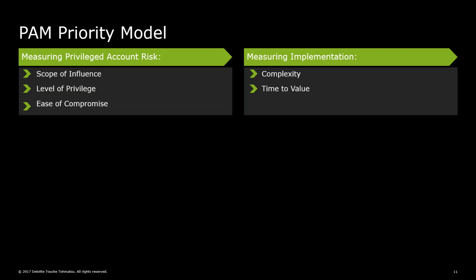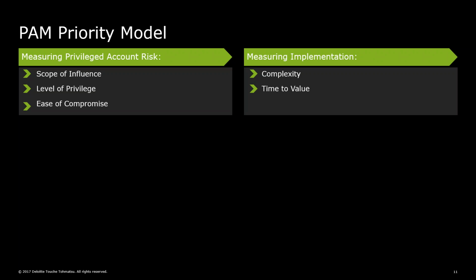If you're a domain admin, it's different than, well, I wanted to say a DBA, but a DBA has its own big risk around it. The level of privilege compared to others. And the ease of compromise: how easy it is to compromise domain admin accounts versus just a regular domain account.